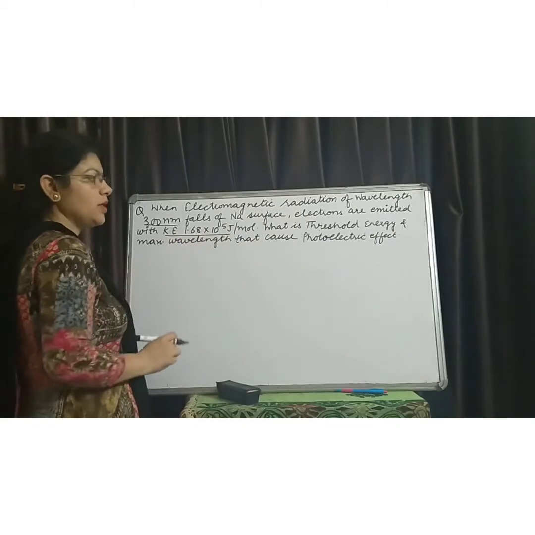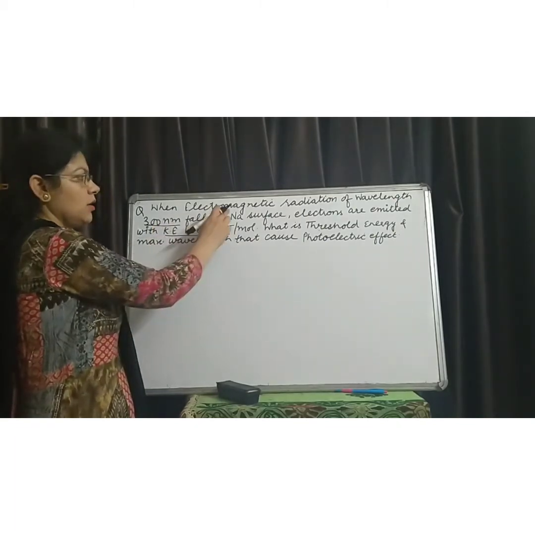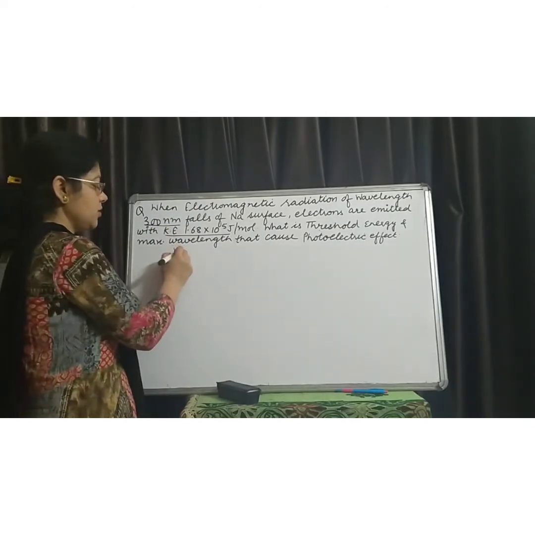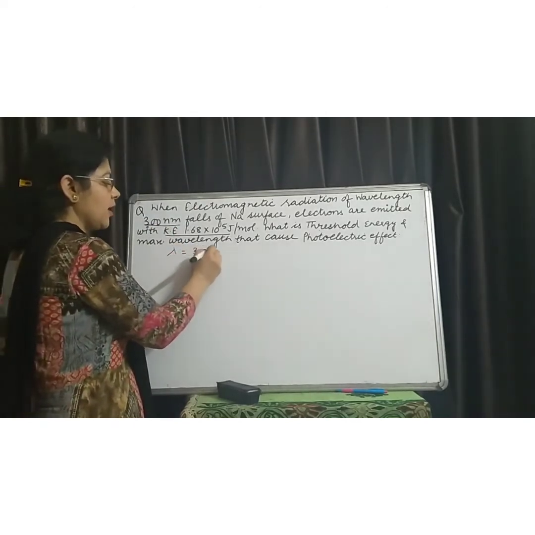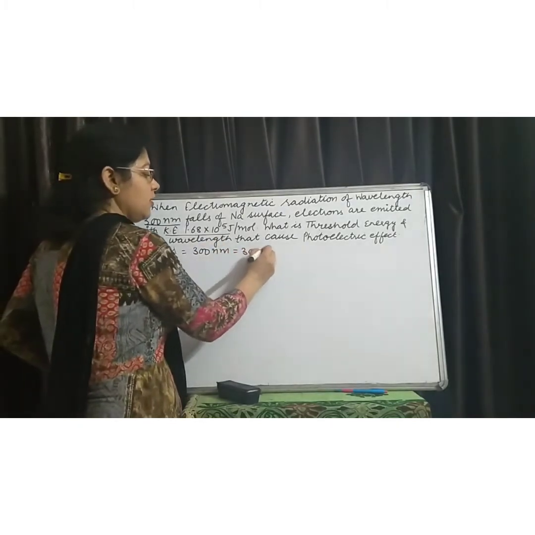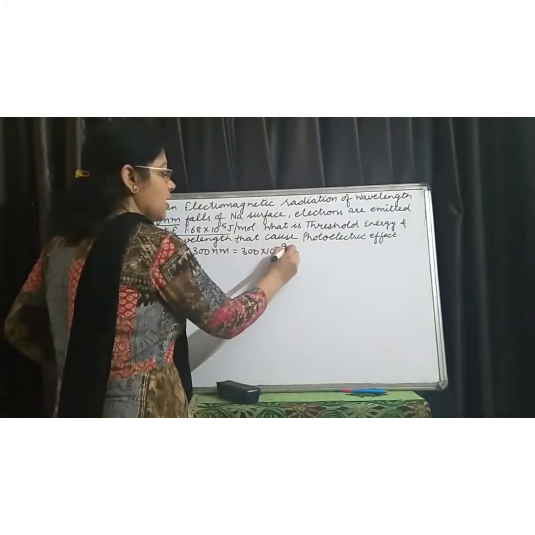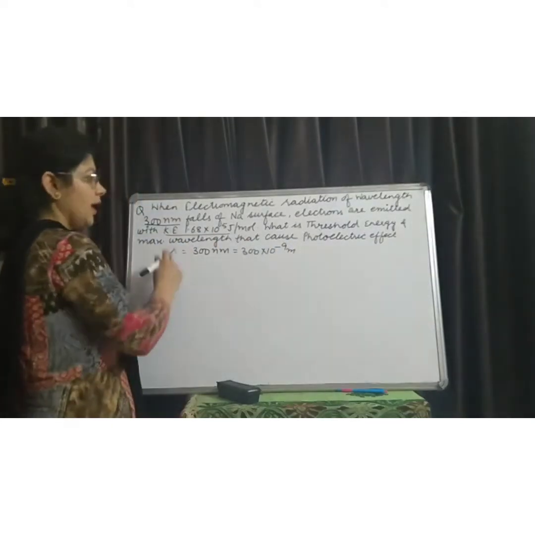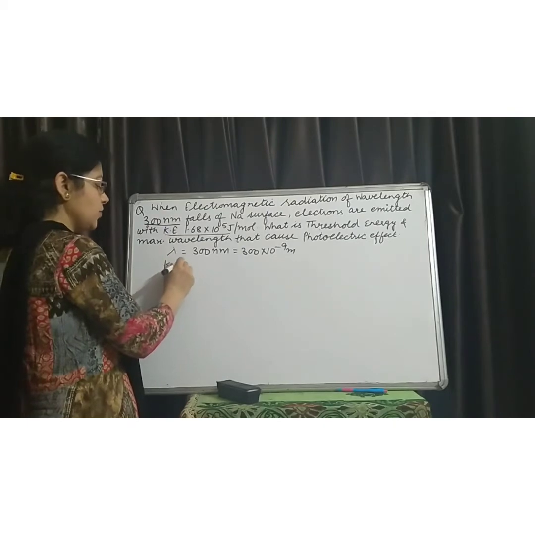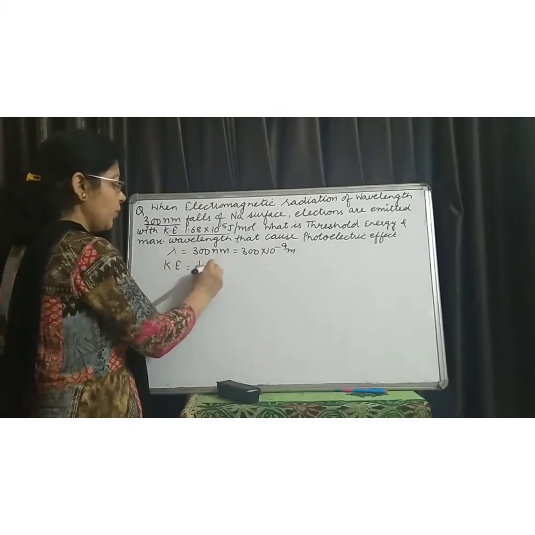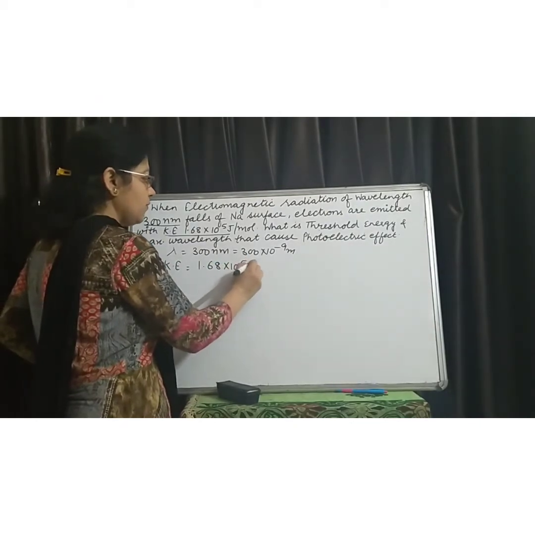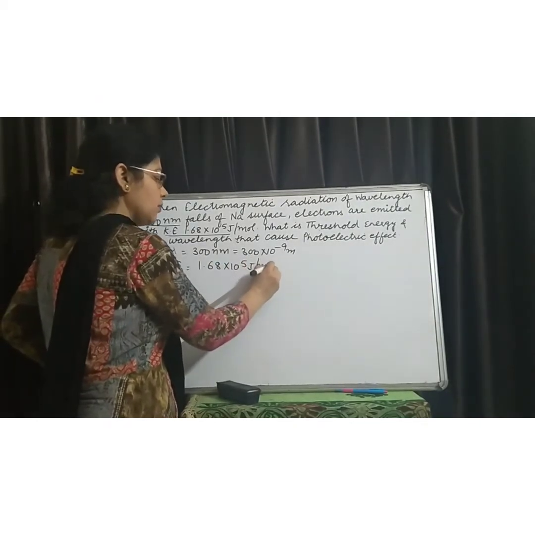In this question, what is given to you? The wavelength of electromagnetic radiation is given, that is 300 nanometer. 300 nanometer means 300 × 10^-9 meter. And second, the kinetic energy of the electron is given, that is 1.68 × 10^5 joule per mole.